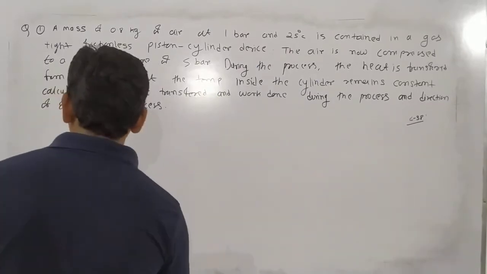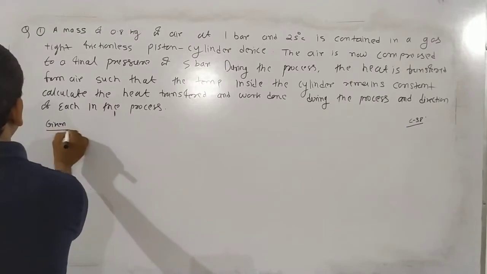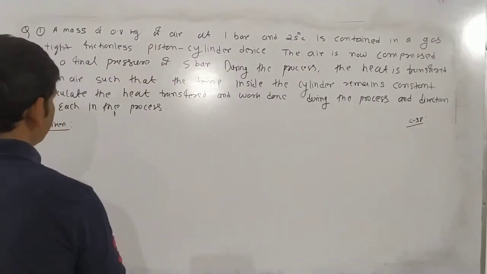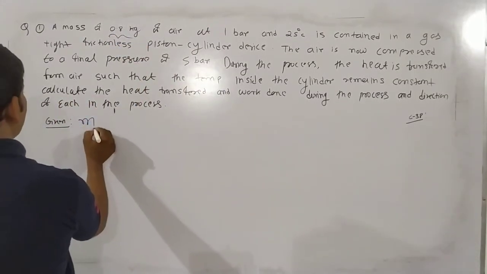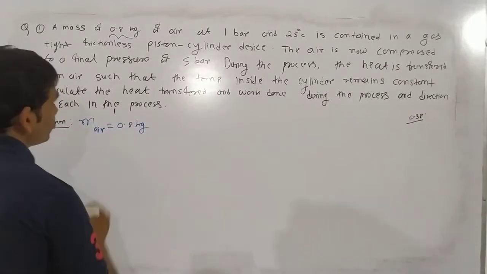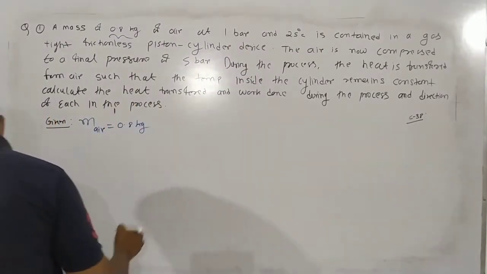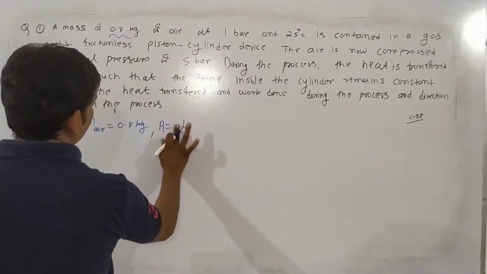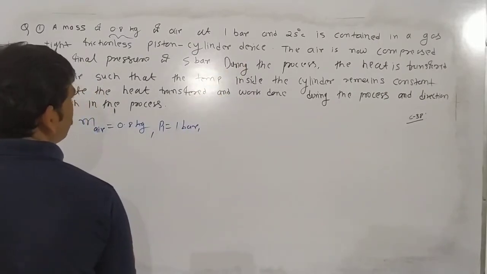I write down the first given data. What is the mass? 0.8 kg of air. Mass of air is 0.8 kg, at a pressure P1 is equal to 1 bar, and 25 degrees Celsius.